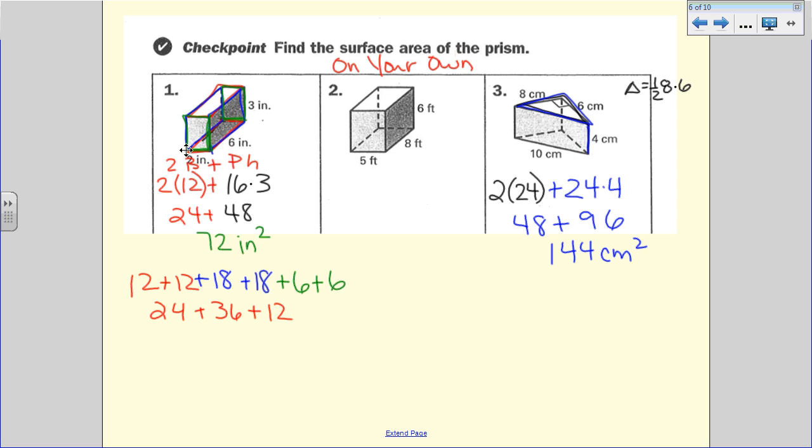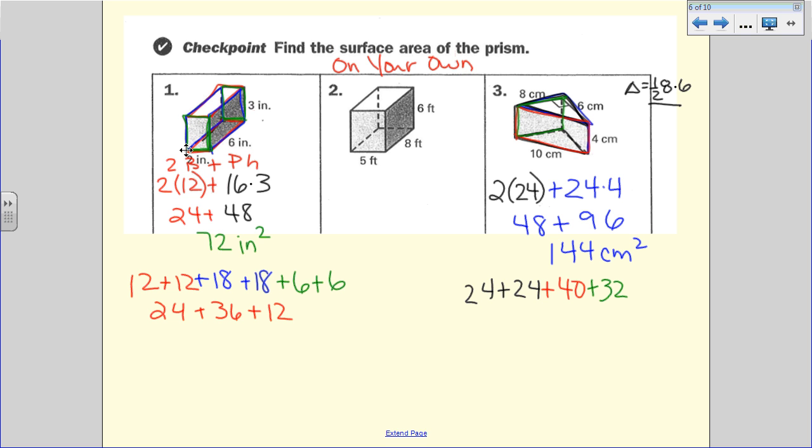But if we take a look at this as individual faces, we have 1/2 times 8 times 6 for that triangle, which was 24, and another triangle here, so that's another 24. I need to look at the front of this. This front is 10 by 4, so 10 times 4 is 40. This rectangle here is 8 by 4, so that is 32.